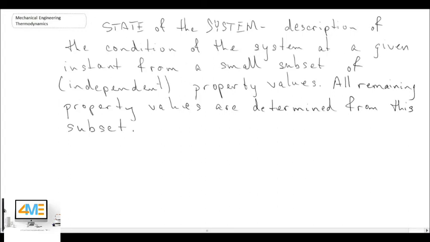Another term that we will use within thermodynamics, we will talk about equilibrium. Equilibrium is kind of what it sounds like. We refer to thermodynamic systems as being in a state of equilibrium.